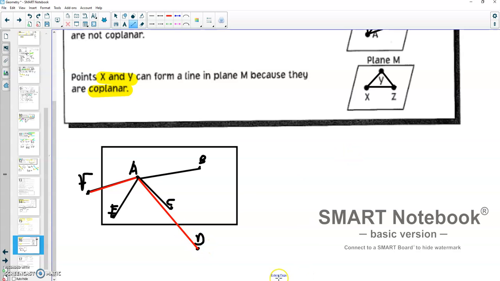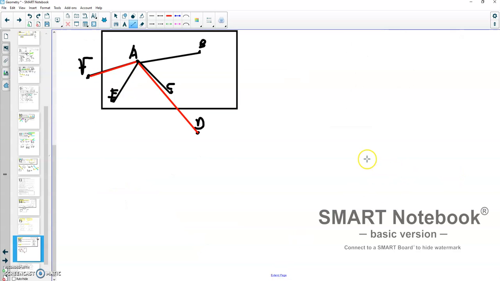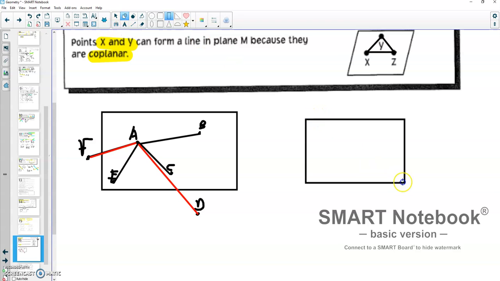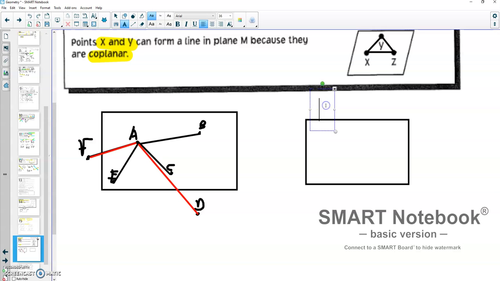Now, they might ask you some questions like, line AB exists on plane C. So let's create the plane first, since it says there is a plane C. And it said line AB exists in the plane.